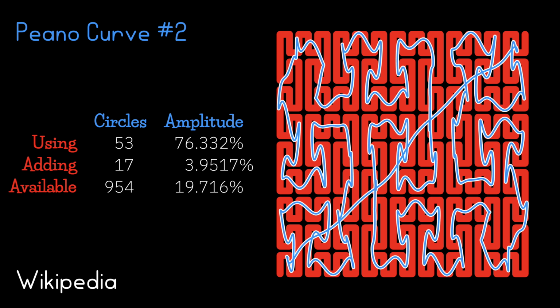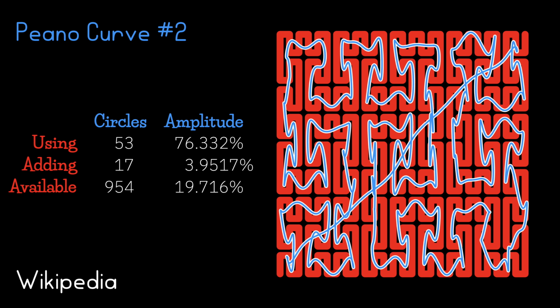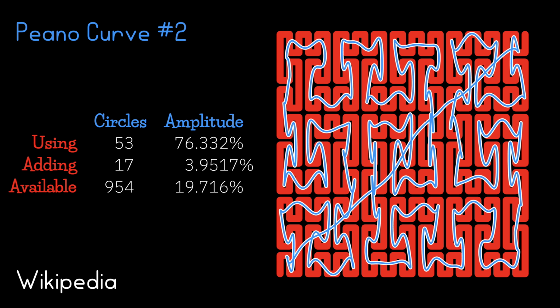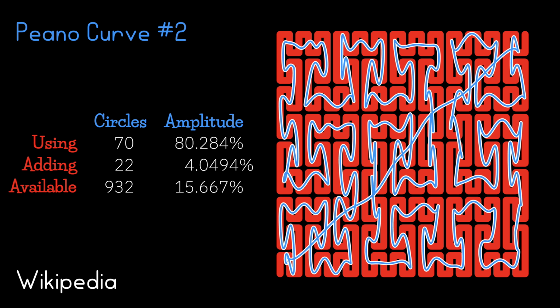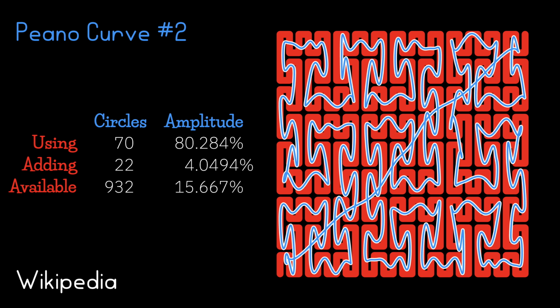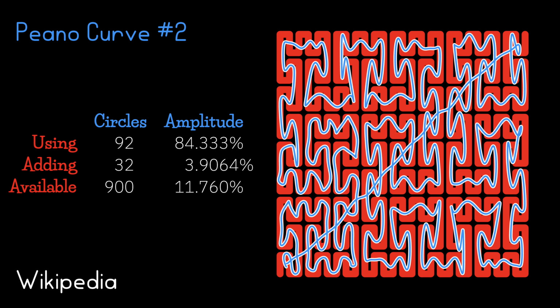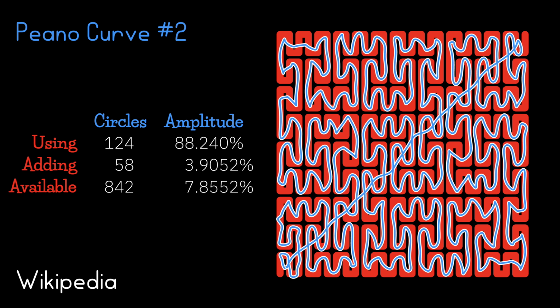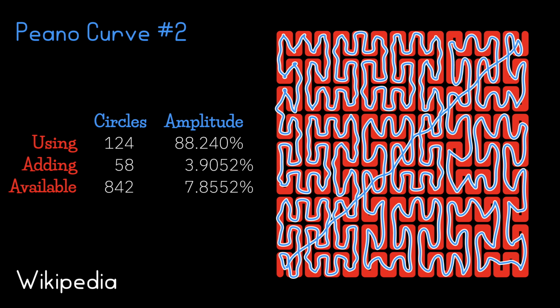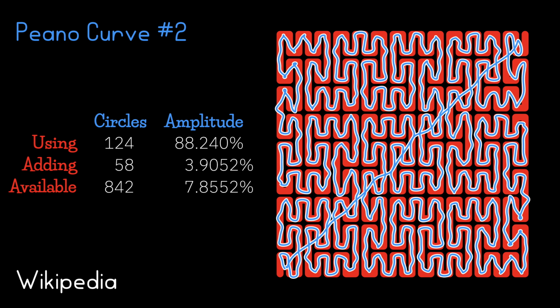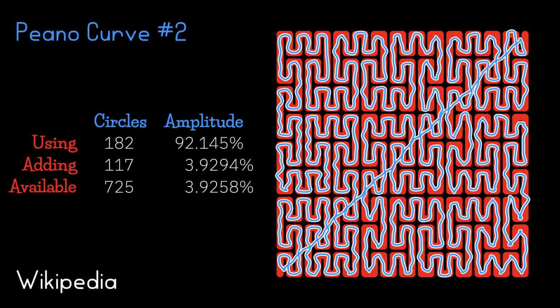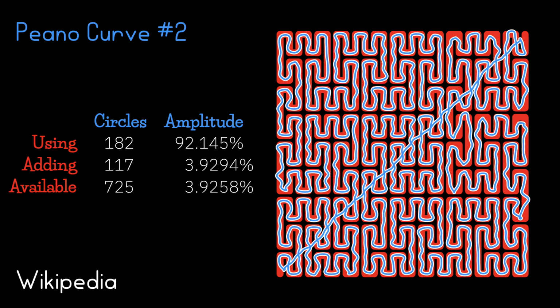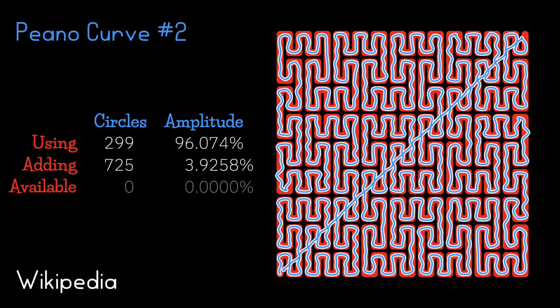The frequency is the same, there's just more distance that it's covering each time through. Looks a little bit crazy, a little bit electricity-like, but it smooths out. Almost there. Almost.